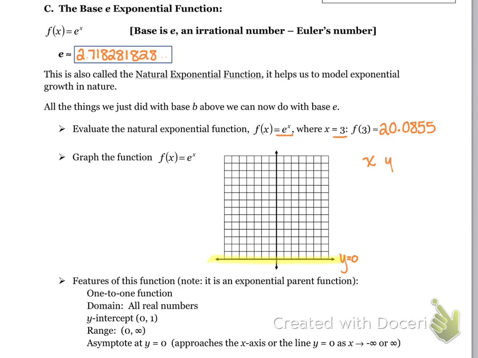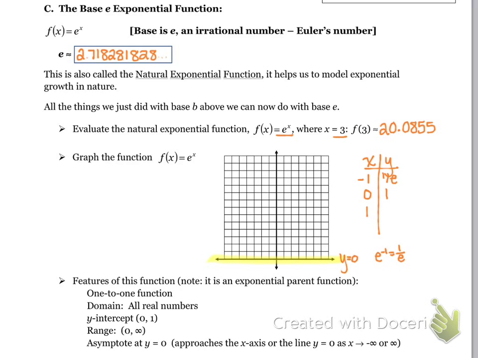So if I created my xy chart, at -1 I would have e to the -1, which we know is 1 over e. And then at 0, we still have (0, 1), because e to the 0 is still 1.